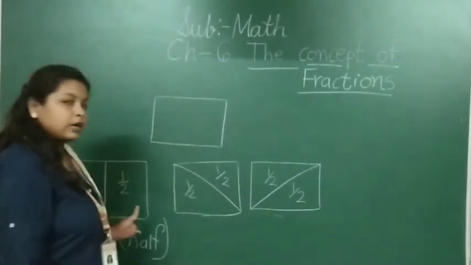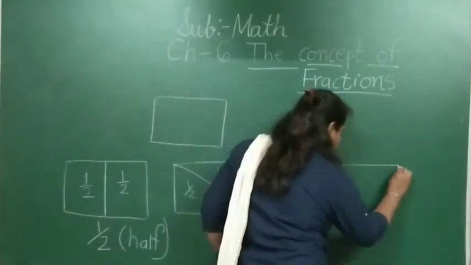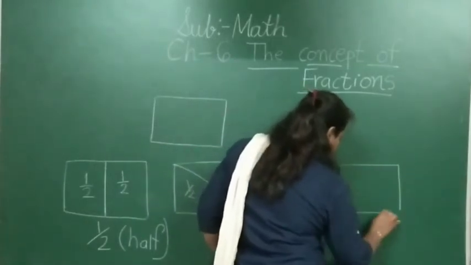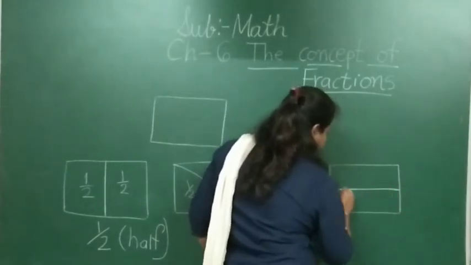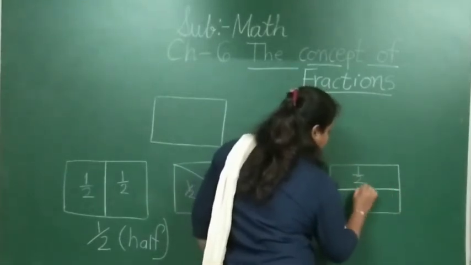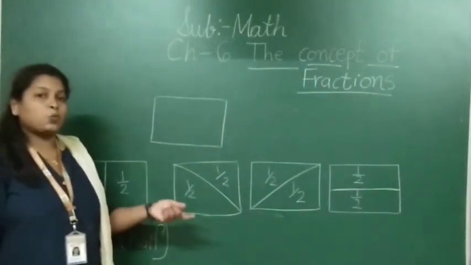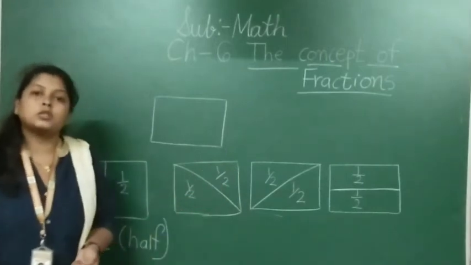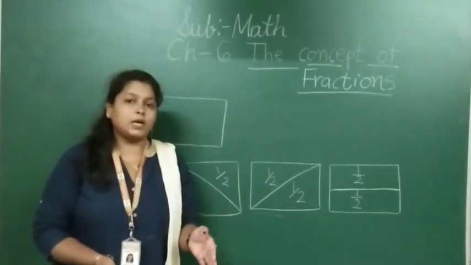Now here I have done it in this way, so I can do it in a different way, that will be like this. ऐसे भी आप उसको डिवाइड कर सकते हो. So here you can see मैंने एक स्क्वायर को कितने अलग-अलग तरीकों से डिवाइड किया, that means कितने अलग-अलग तरीकों से मैंने उसको हाफ बनाया.